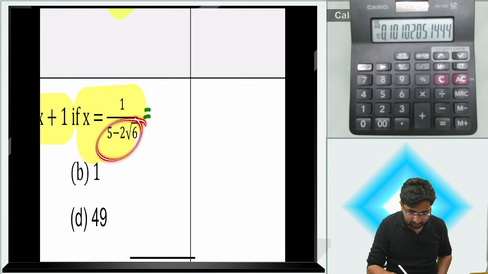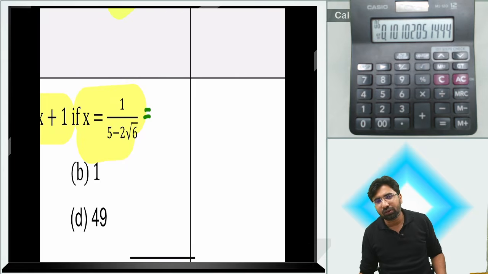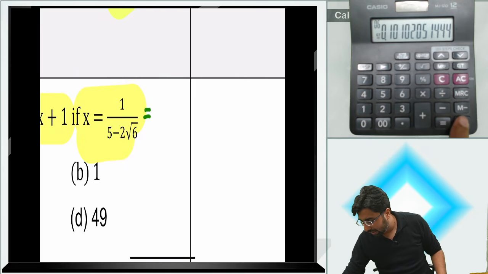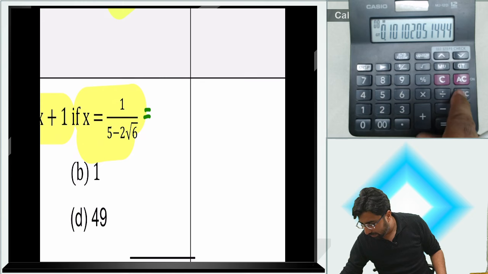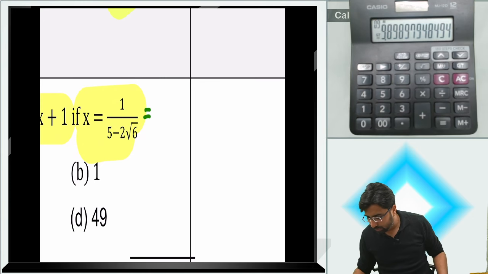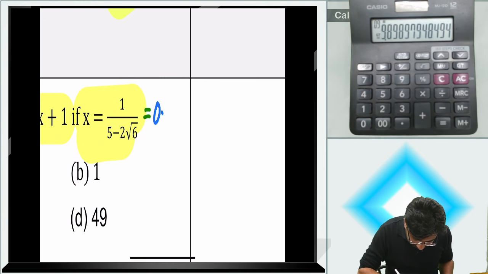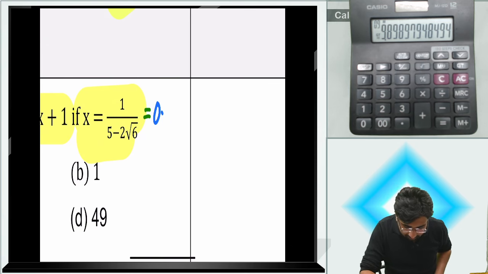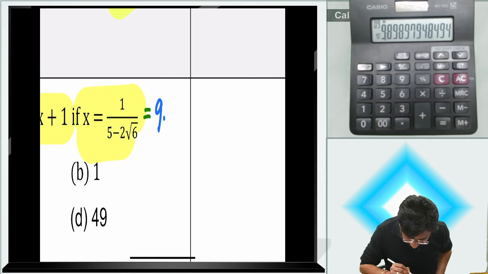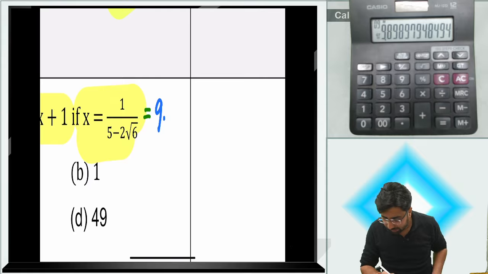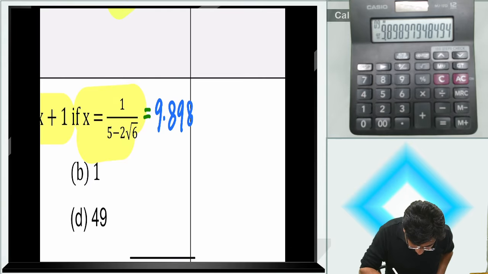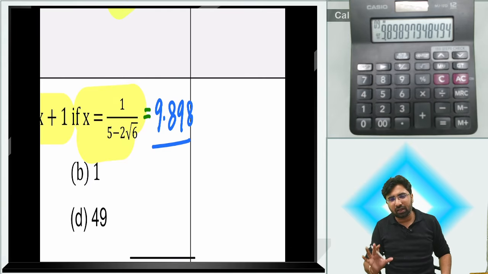This is the denominator. You want to divide this? No sir, I need to divide something else. M plus 1 divided by MRC is equal to, Aman sir, we are getting 9.8989898. Let's round it up to 3 digits.